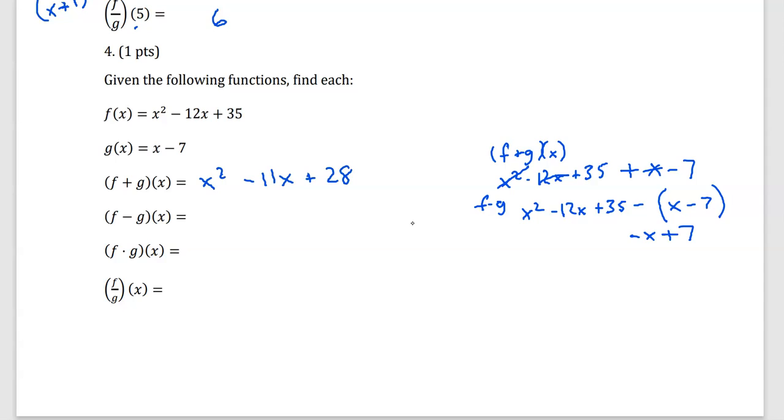Now let's find the result. I still have just one x squared laying around. I have a minus 12x and a minus another x, so minus 13x. It's a plus 35 and a plus 7, plus 42.